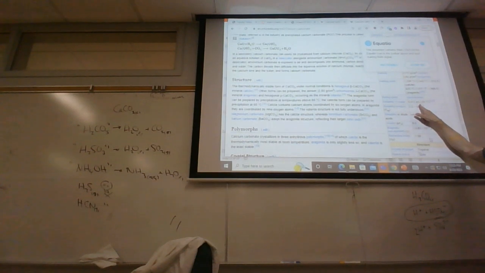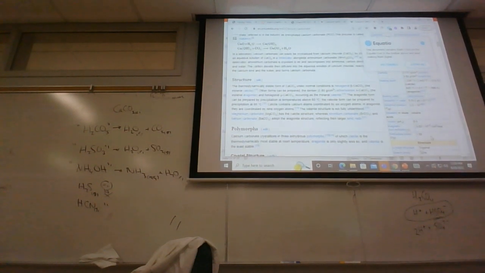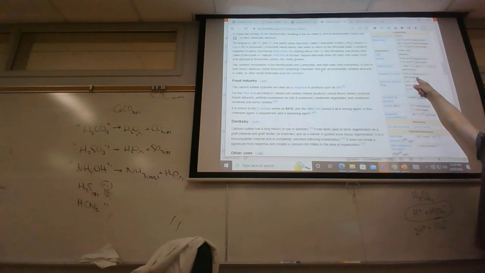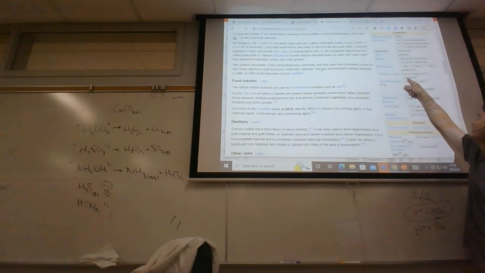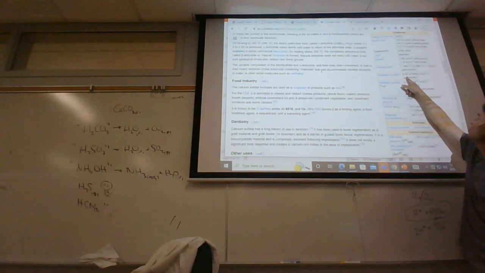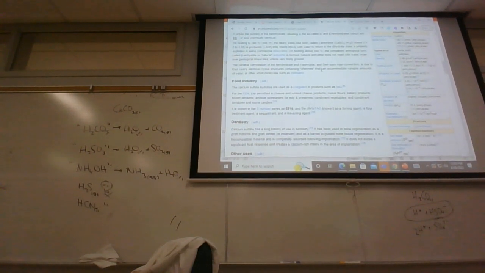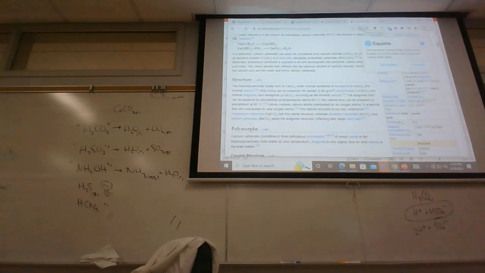But this is grams per liter. Was the other one grams per liter? Let's take a look. No. This is grams per 100 milliliters. So I'm going to have to multiply by 10. If I multiply by 10, that's 2.6 grams per liter. So 2.6 grams per liter for calcium sulfate. Calcium carbonate, 0.013 grams per liter.